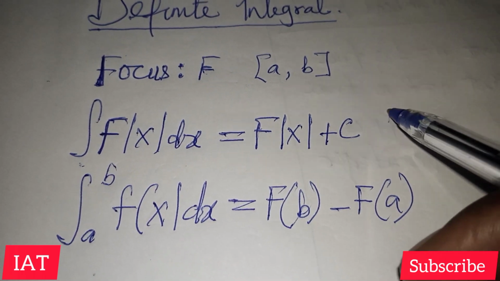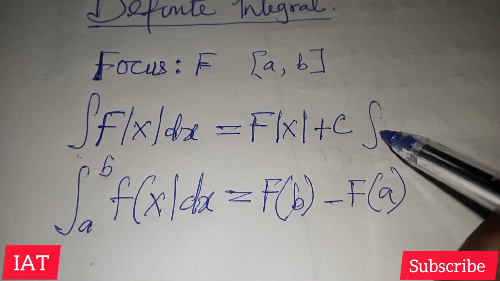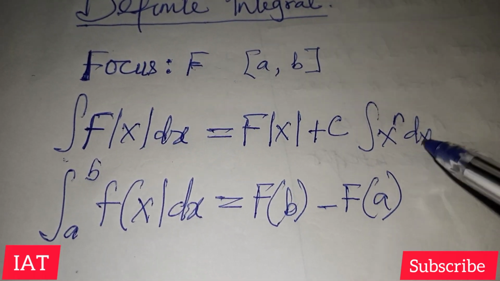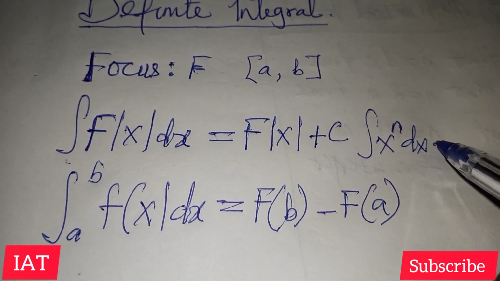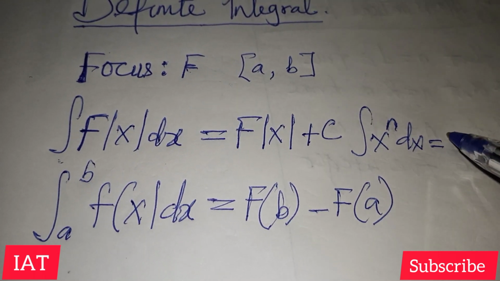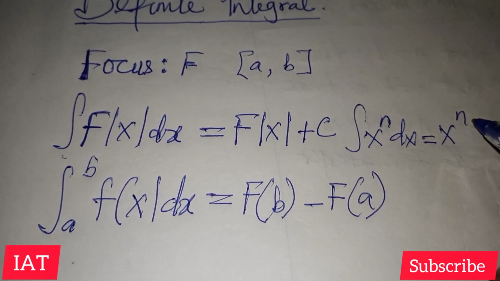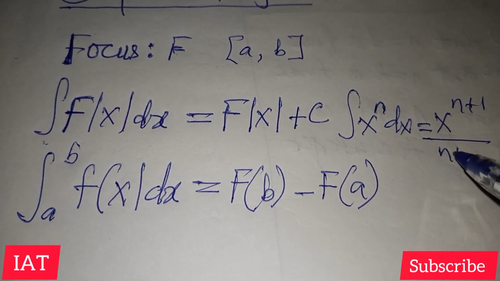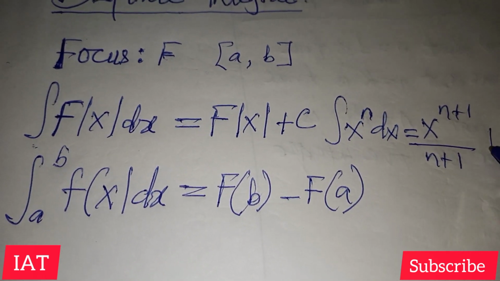What this essentially is talking about is, for the indefinite integral, you would see something of this sort: the integral of x to the power of n dx. And this will give us a formula which is x to the power of n plus 1 all over n plus 1 plus constant c.